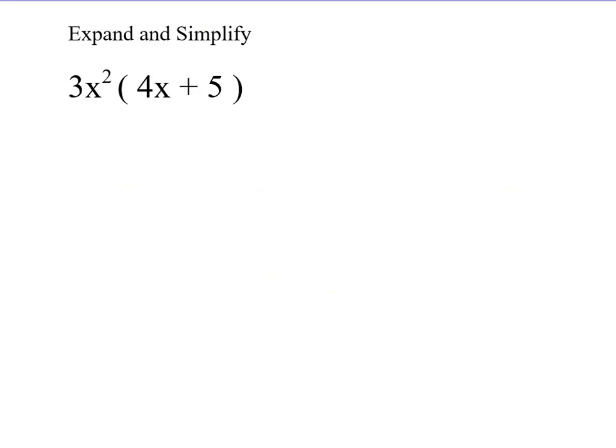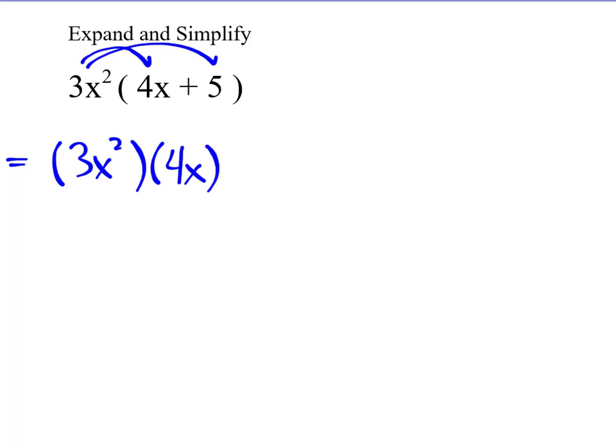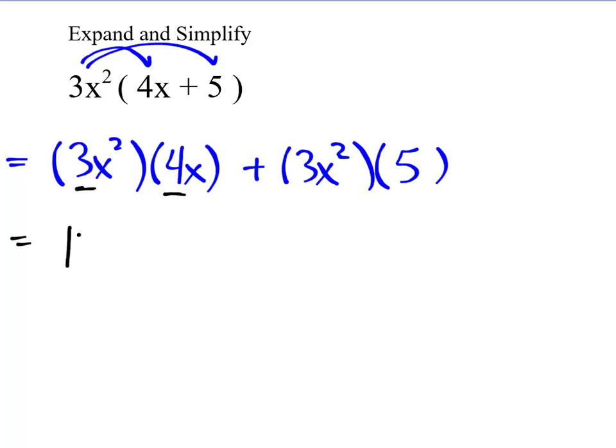This is 3x squared multiplied into both terms. So I'm going to take a line and rewrite everything that's happening. Okay, so if we look at that, I have two small problems now. I have a 3 times a 4 for a 12, an x squared times an x to the exponent 1.